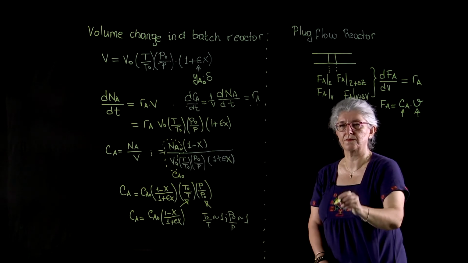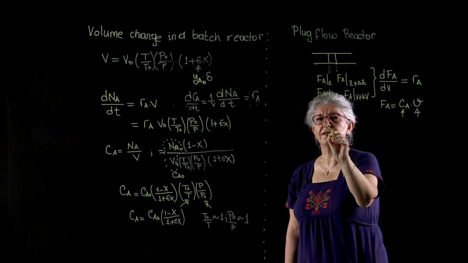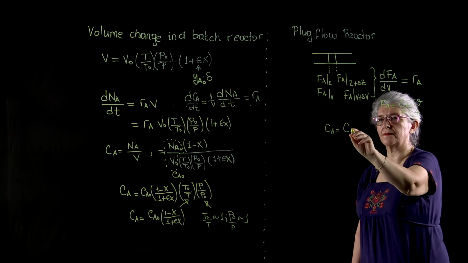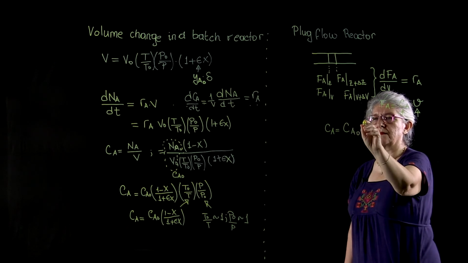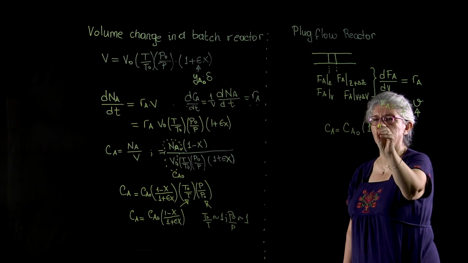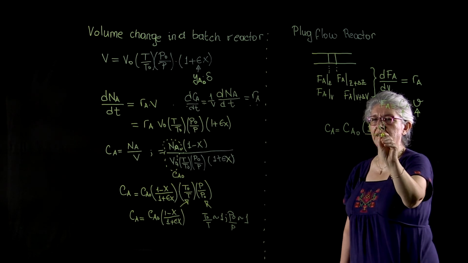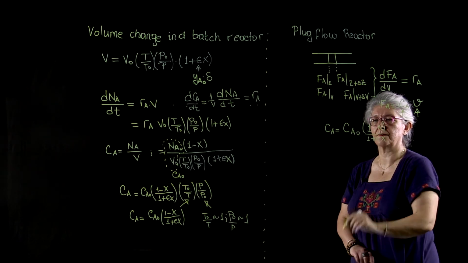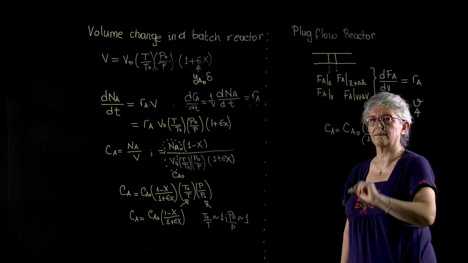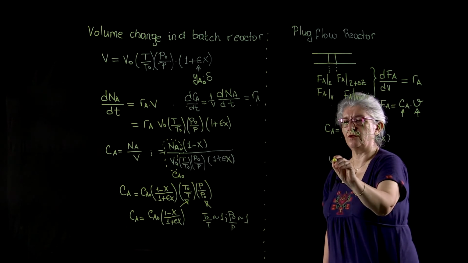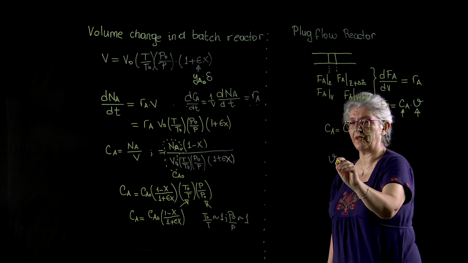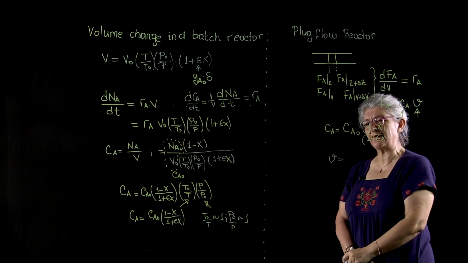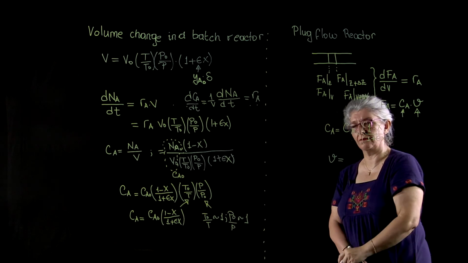So Ca is going to be Ca0 times 1 minus x divided by 1 plus epsilon x, and volumetric flow rate will be the same expression as the volume.